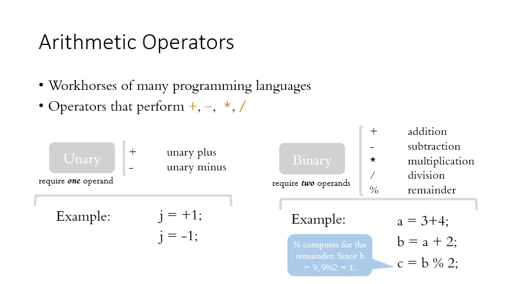The percent, on the other hand, is an operator that you have already encountered during your Python programming class. Essentially, this operator is simply used to compute the remainder when we divide two numbers. For example, in here, we add 3 and 4 by using the addition operator and store it to variable a. So what will be the value of a now? It will be 7, right?